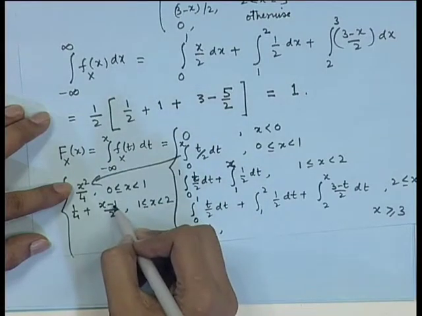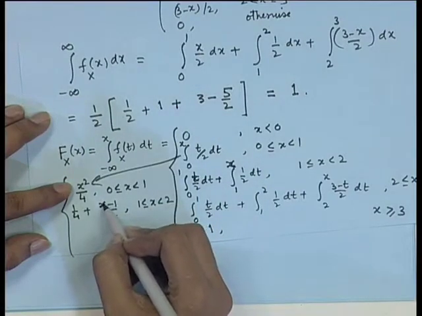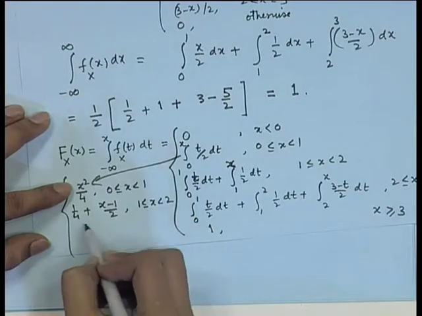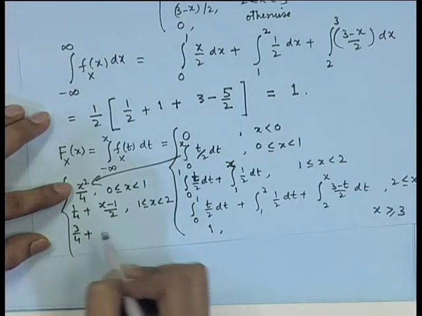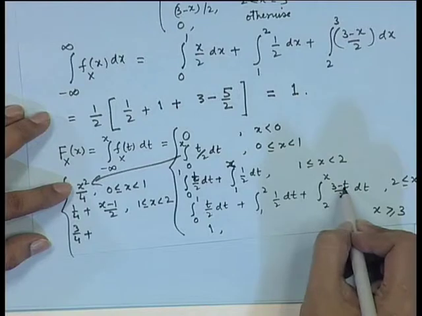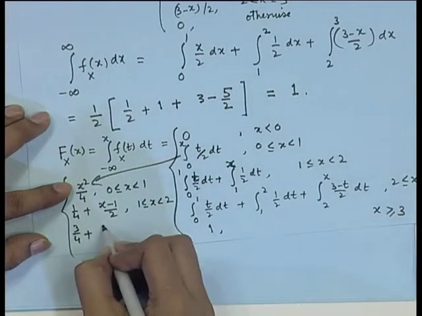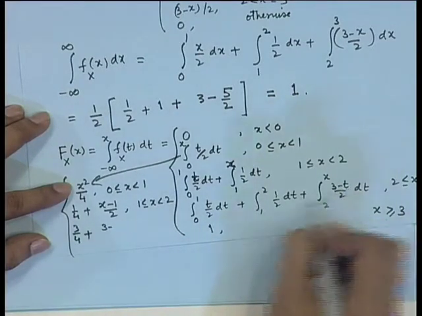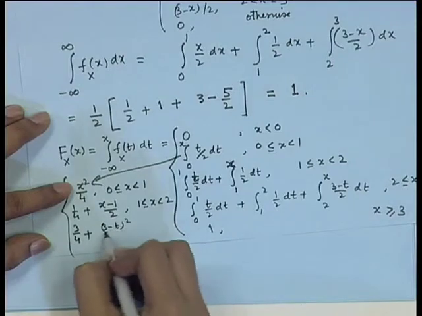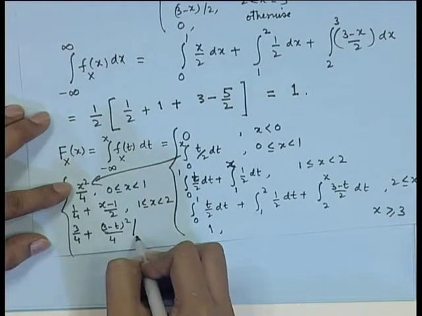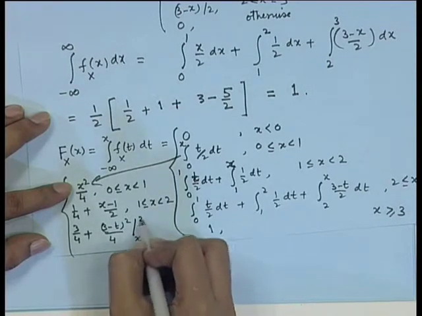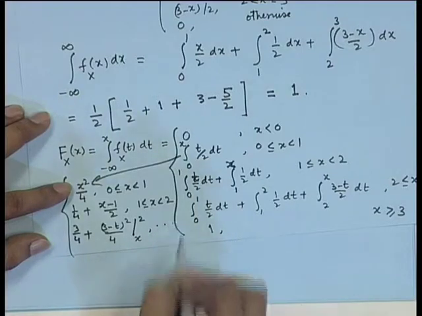Once again, if we have integrated up to 2, then this value would have become 3 by 4 plus the value of this term, that is (3 minus t) whole square by 4 from x to 2, which will be some value.